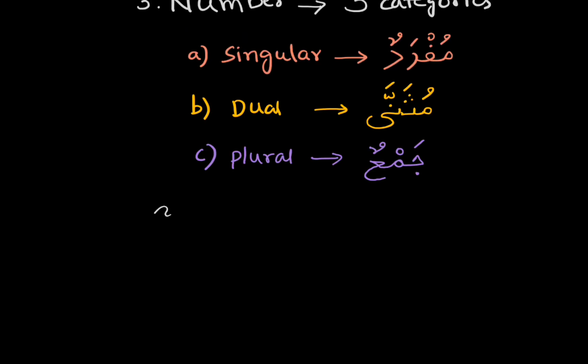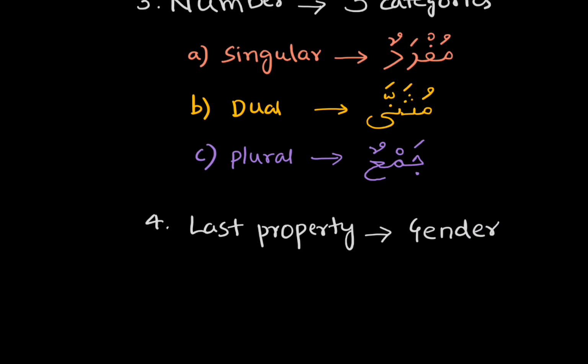Now coming to the last property, the fourth property of a noun. The last characteristic of a noun is gender. Gender is divided into two categories in Arabic grammar.